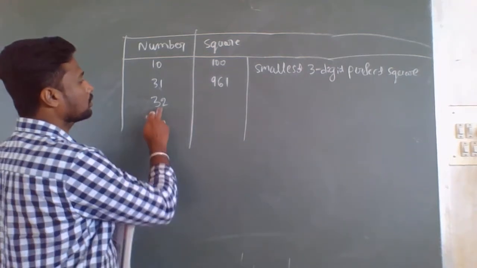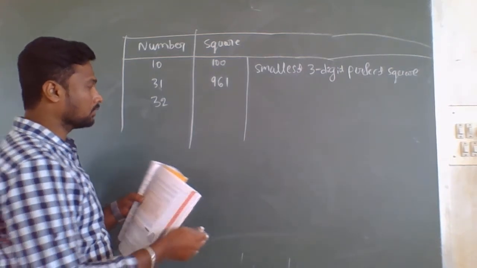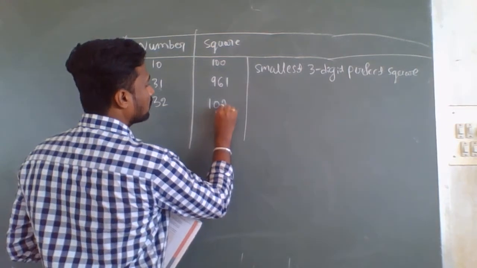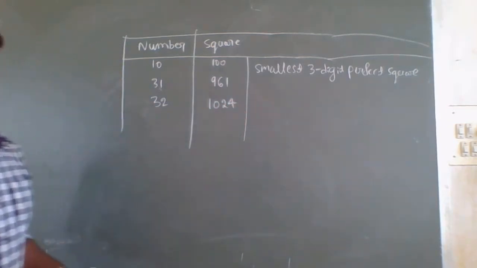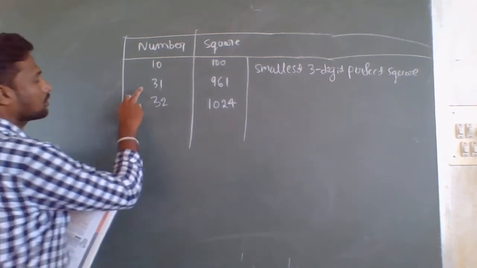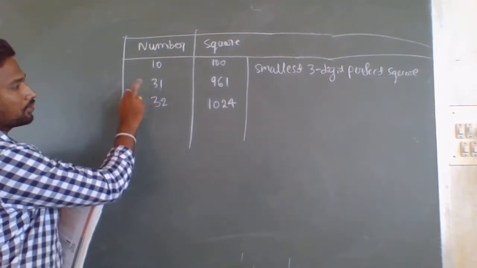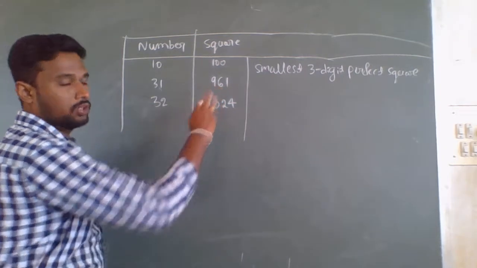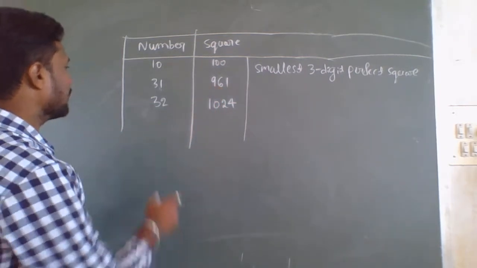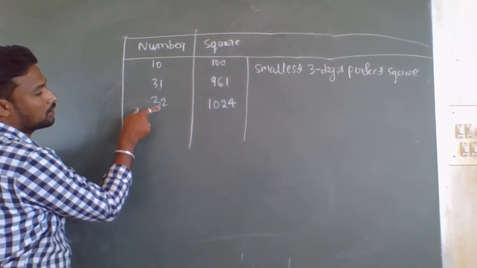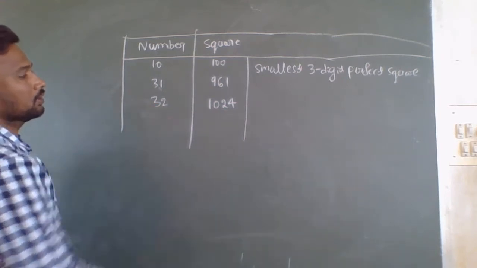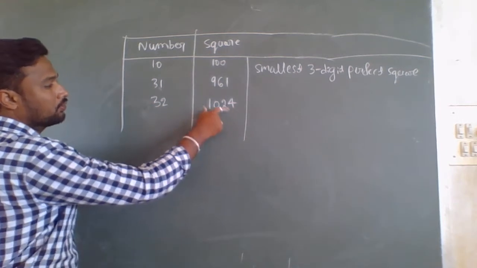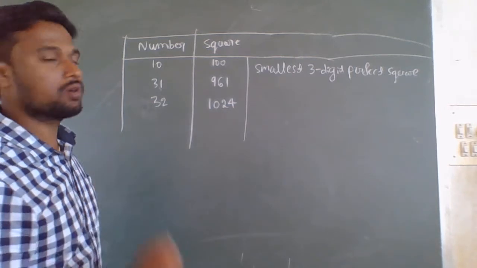So 32 into 32, square value of 32, they have given here 1024. So square value of 31 is 961, which contains only 3 digits. And square value of the next number, 32, is 1024, where it contains 4 digits.